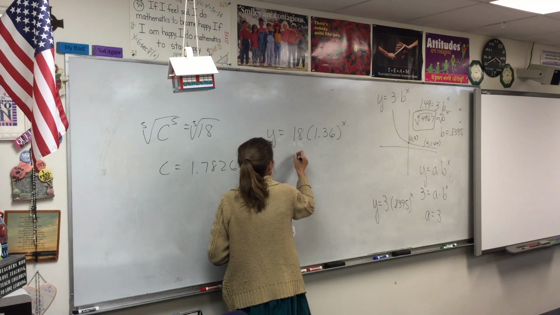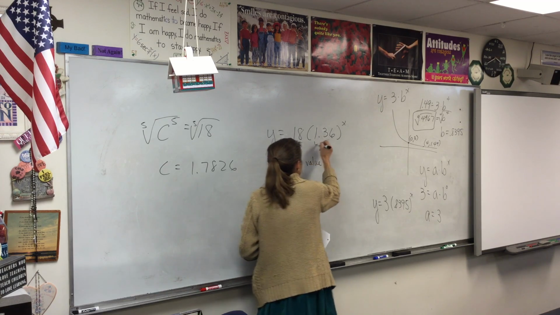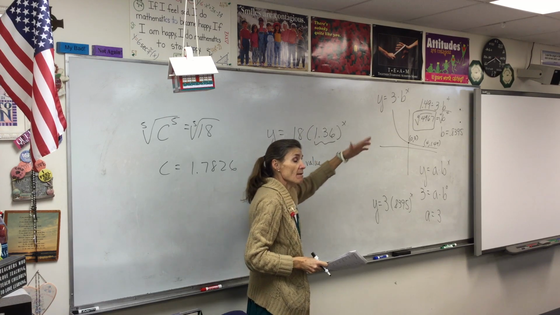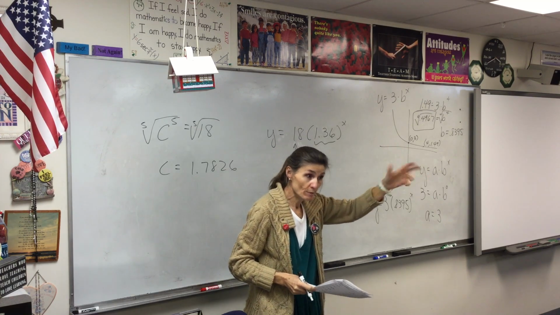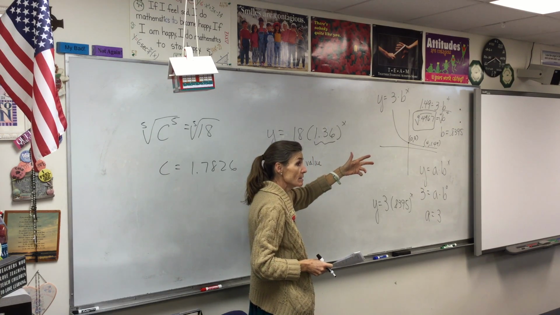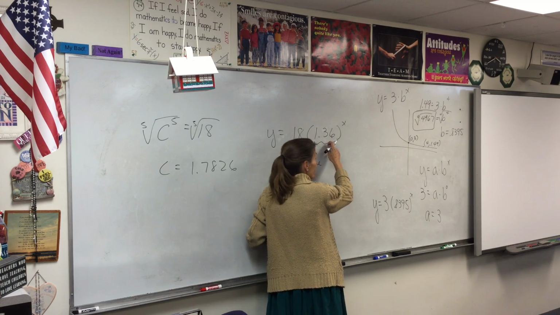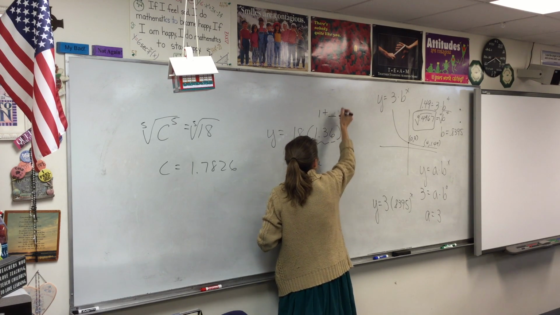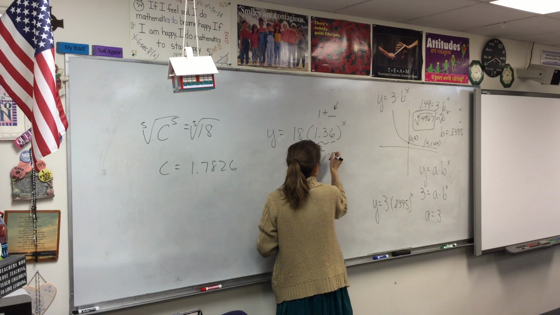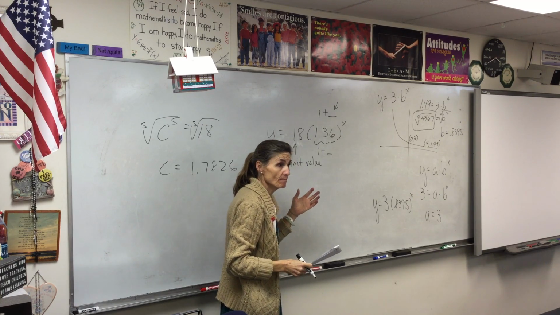That number was called the initial value. And then what did this guy tell us? First of all, if we're growing or decaying, and then how much. If this number is more than 1, then 1 plus whatever is my rate of growth. And if it's less than 1, then 1 minus whatever is my rate of decay.